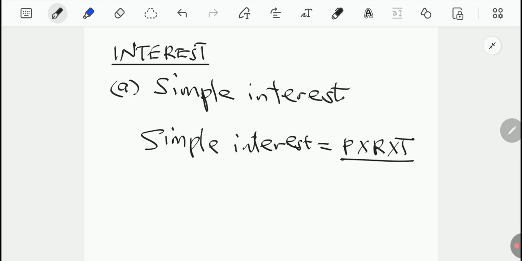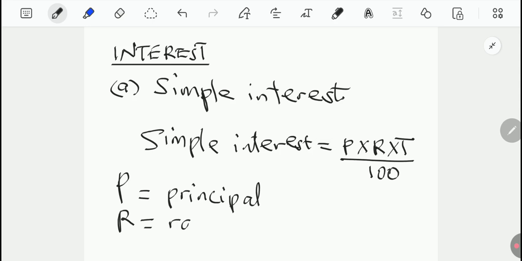You can decide to divide by 100, definitely. Whereby P is equal to what? Principal. And then R is equal to the rate of interest per annum.